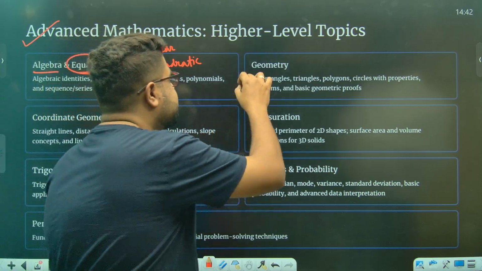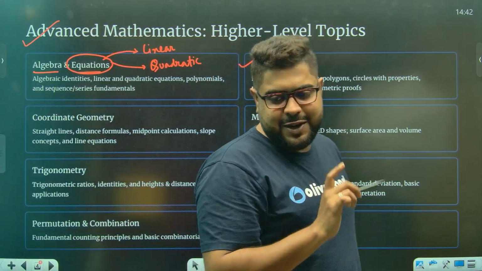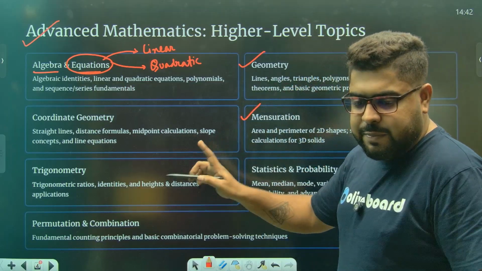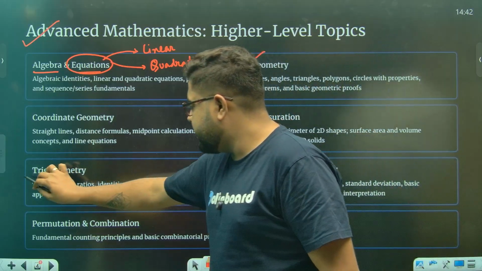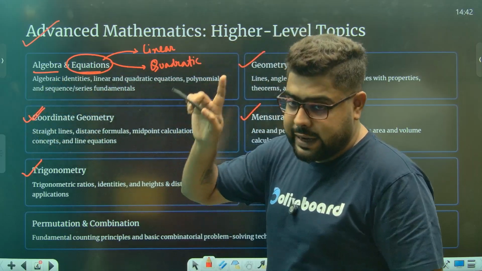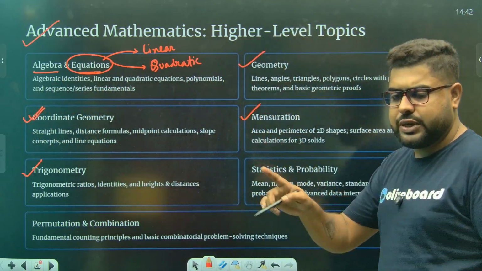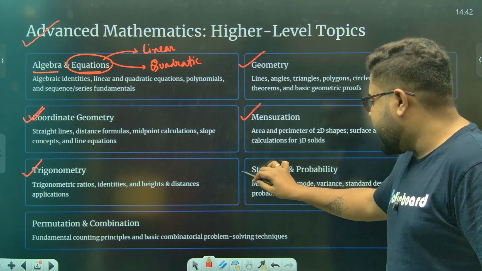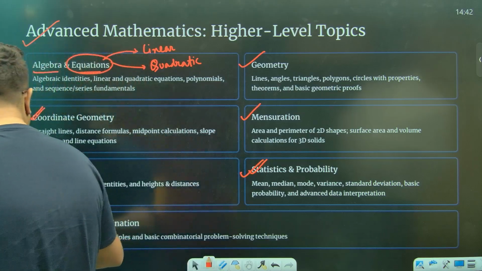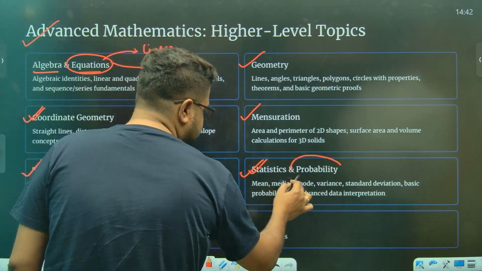Then comes geometry, one of the biggest parts and very important. Now, mensuration, again a very big part. Trigonometry, including height and distance. Geometry along with coordinate geometry becomes very important, especially after this year. Statistics also becomes very important for next year. And PNC, and probability. Probability I have included over here.